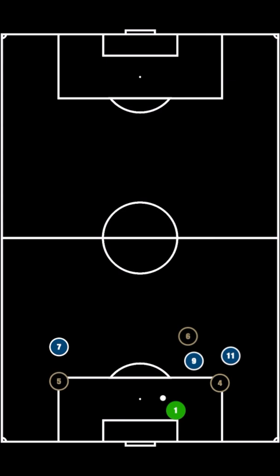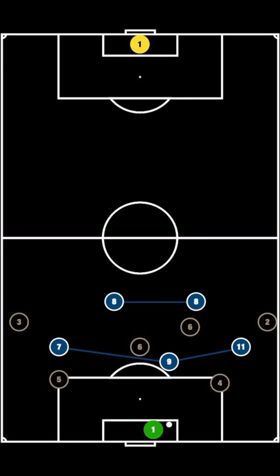So now, if the 7 decides to cover the 5, then the 6 receives wide open and we've broken the line. So again, we always want to create more players than the opponent in certain areas. Here, if they press with 3, we have 4, we should be able to get out of that situation.